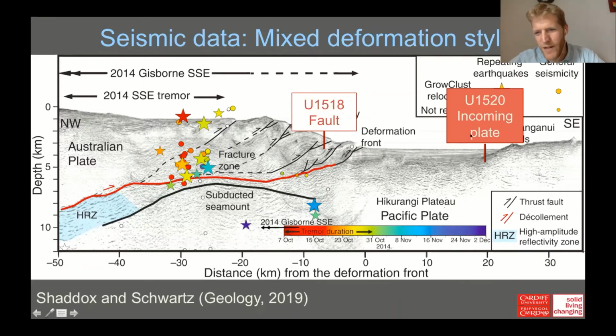But we could get at that by drilling a second hole, which we got somewhat further offshore. This red point here, labeled as incoming plate, is the material that's coming in and that you can then trace to be along this red line where the source of slow earthquakes are. So they might propagate up into these faults, but they would be starting somewhere a bit deeper. And that's also more comparable with other places.